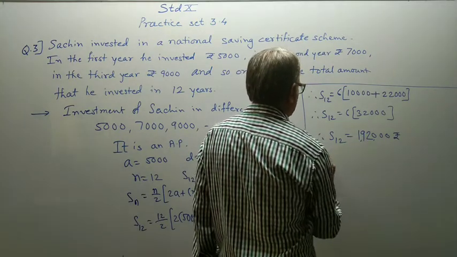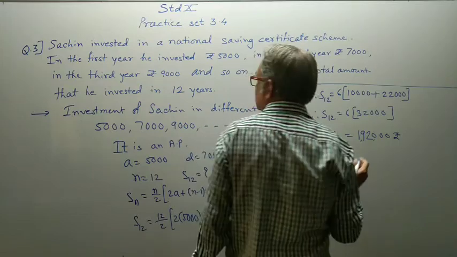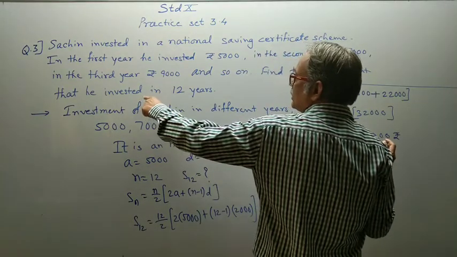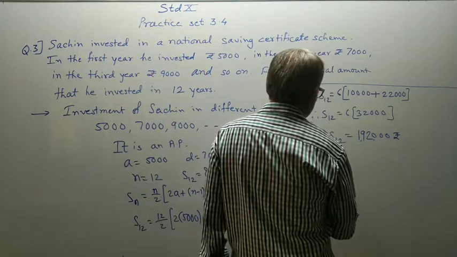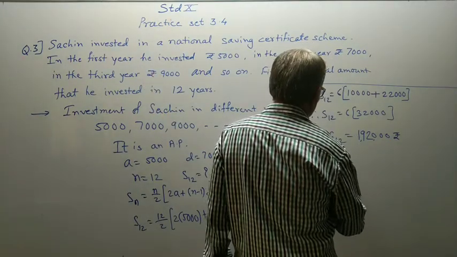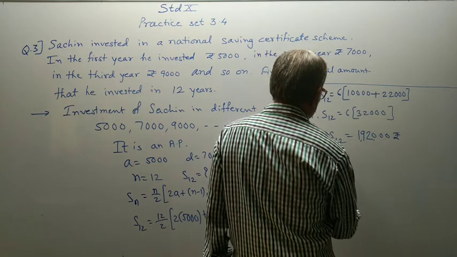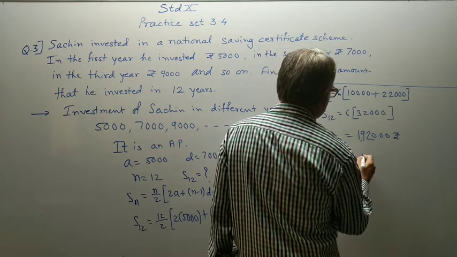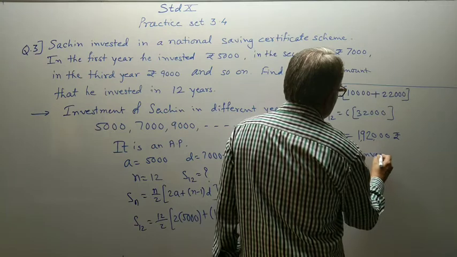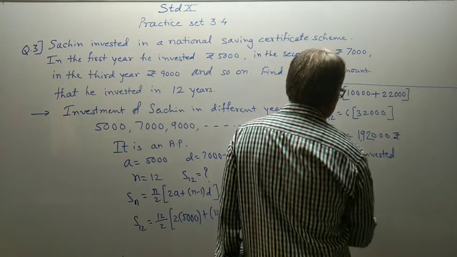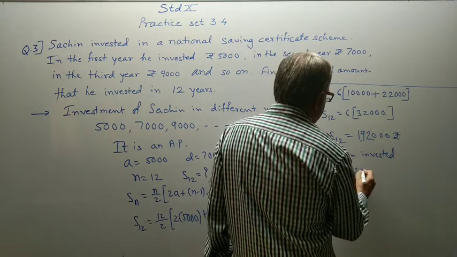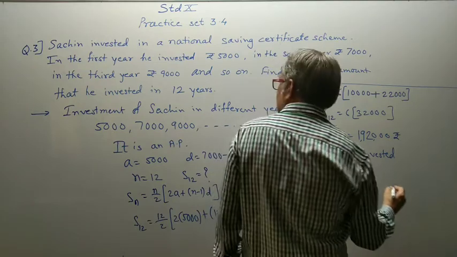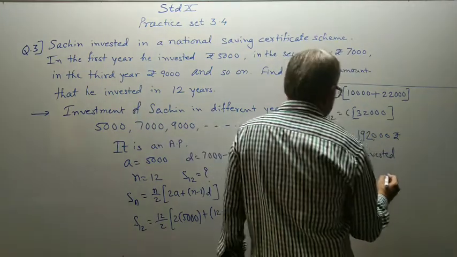Therefore, total investment of Sachin in 12 years. Sachin invested rupees 1,92,000 in 12 years.